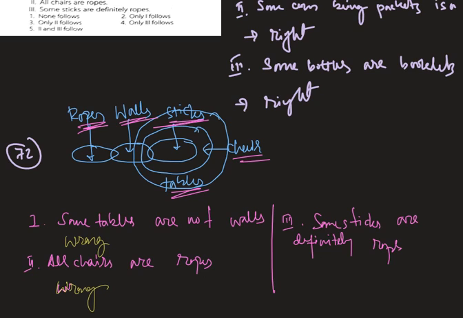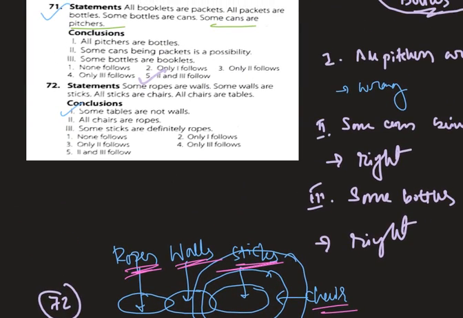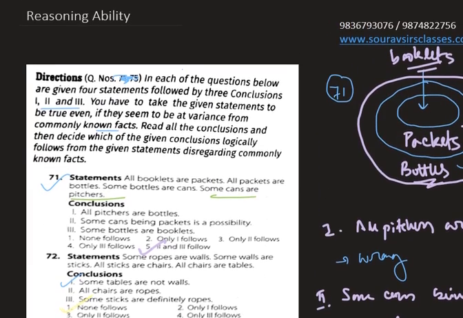Therefore this statement is also wrong. So in this way we can say that all three conclusions are wrong. Therefore the first option is the correct one. None follow.